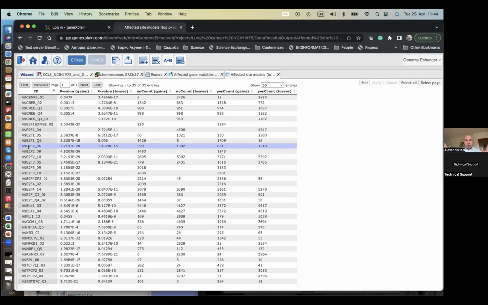Then both directions are under selective pressure, and you can get a lot of mutations which are creating those sites, and a lot of them which are destroying those sites. But both indicate that E2F is getting important in that tumor. All right, so that's how this statistics is calculated, and it gives us a list of transcription factors and their position weight matrices which get activated in that cancer, in that tumor. We are talking about a cell line.